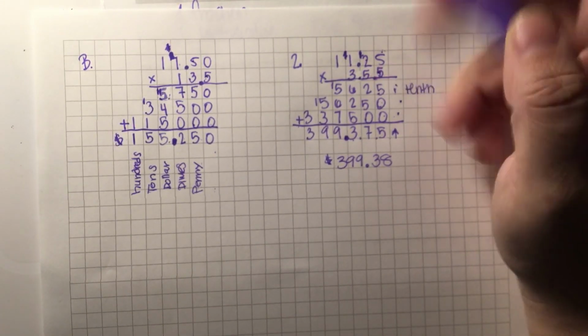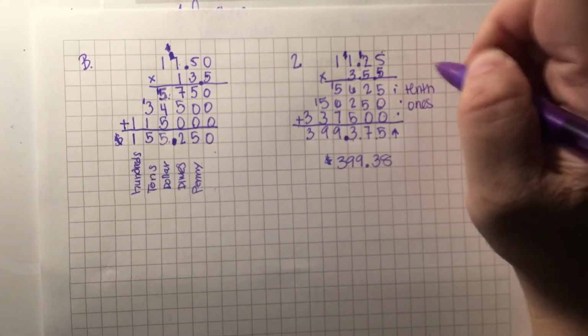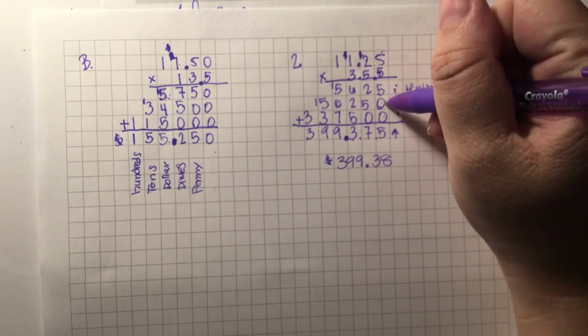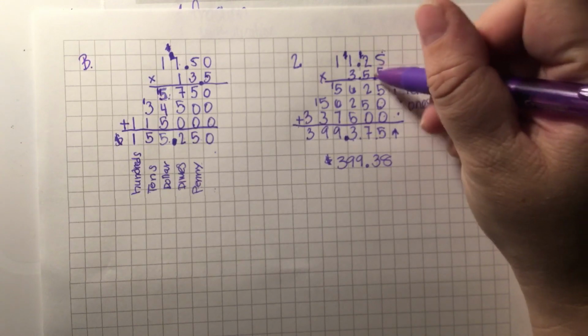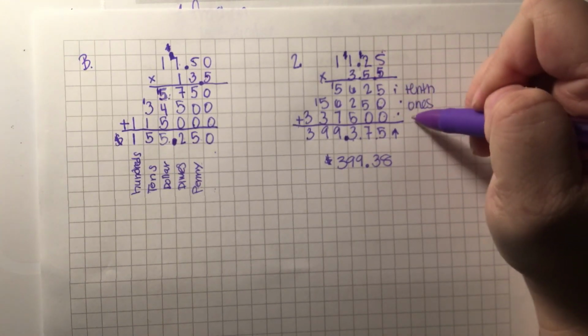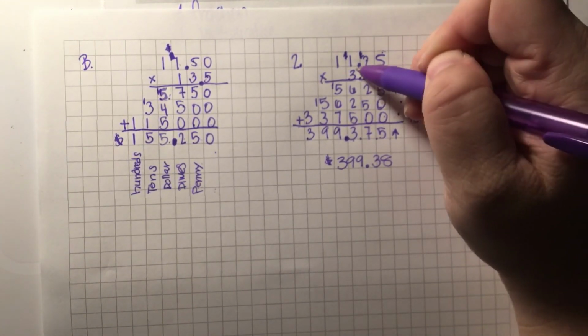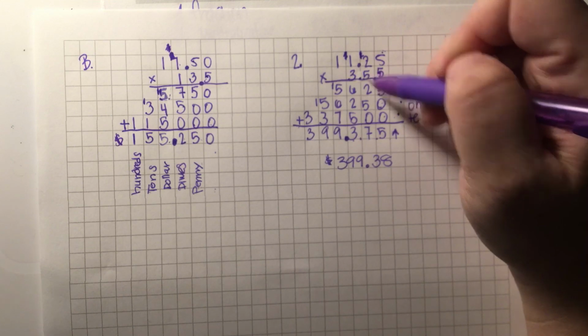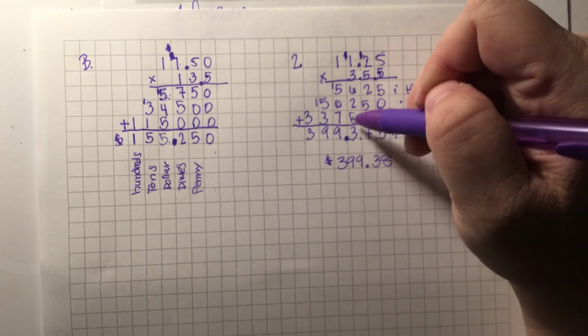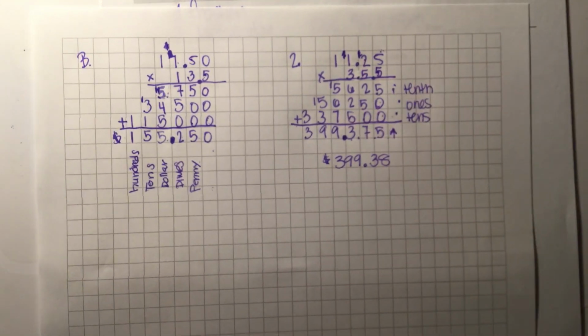When I go to my ones, I have to hold a place for my 10th. I can't just start multiplying. I have to hold a place for that. And then these are my 10s. So when I go to my 10s, I have to hold a place for my 10th and my 1, and then I can multiply my 10s.